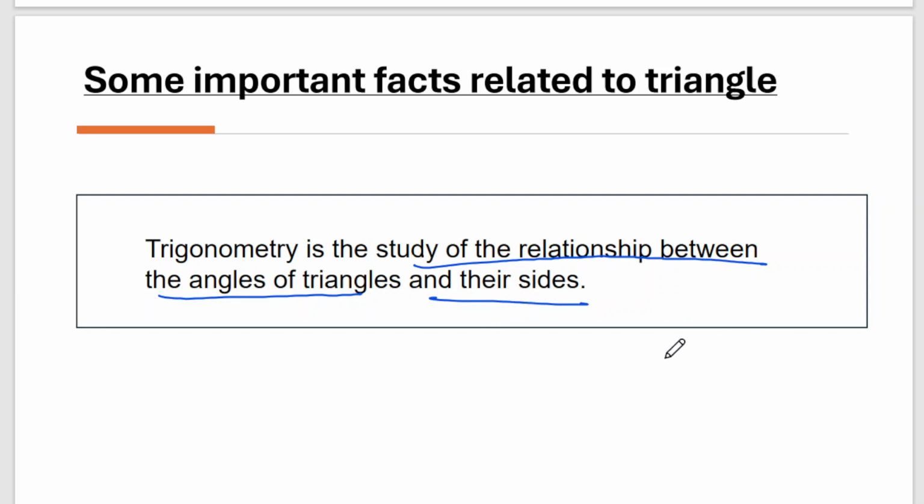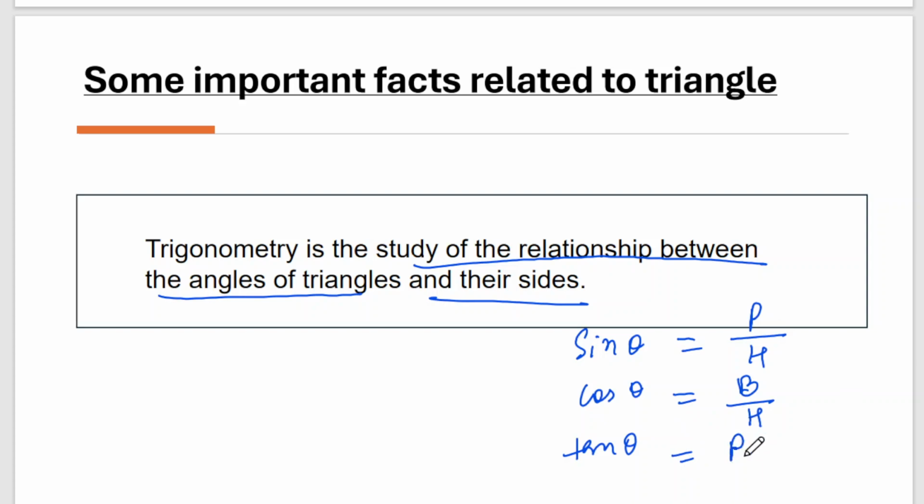You must have heard a few words like sine theta, cos theta, tan theta, and so on. See, sine theta is nothing but perpendicular divided by hypotenuse. Cos theta is base by hypotenuse. And tan theta is perpendicular by base.